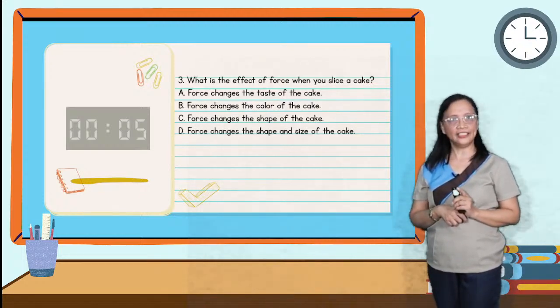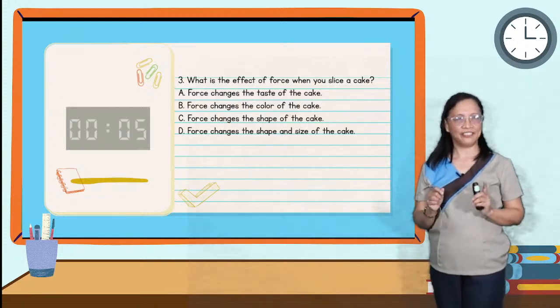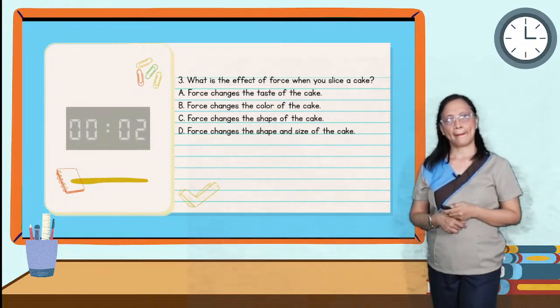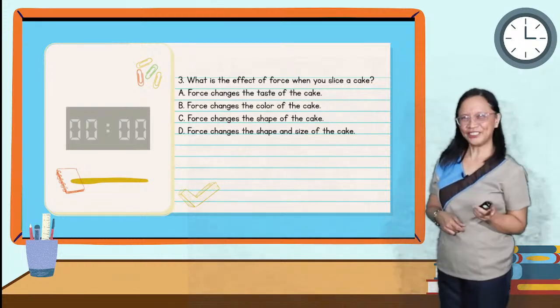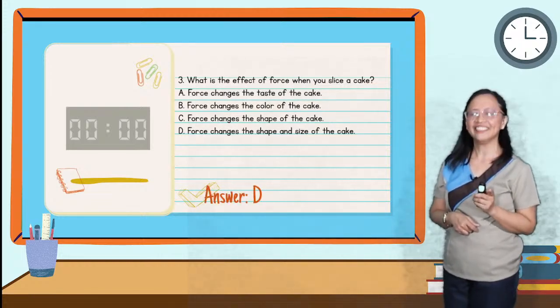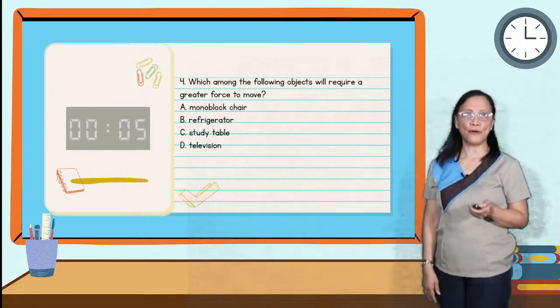Or letter D, force changes the shape, size of the cake. Timer starts now. What did you write? Did you write letter D? That's the correct answer. Let's go to number 4.